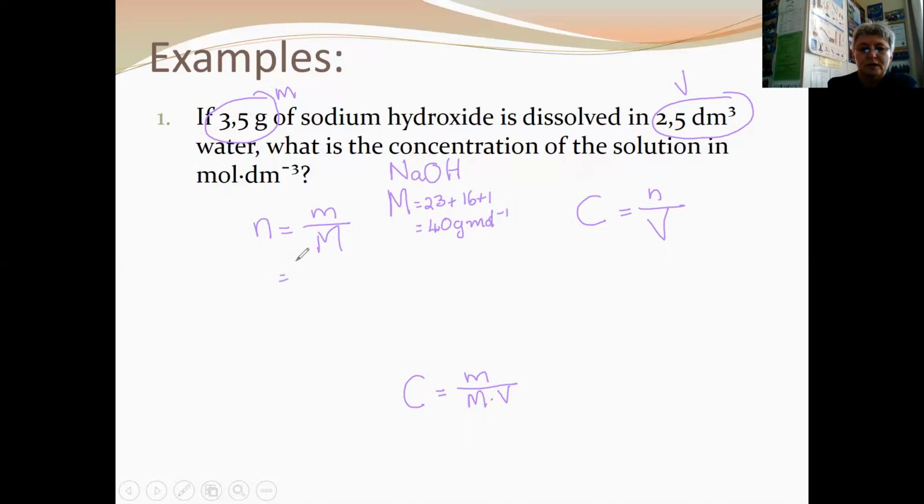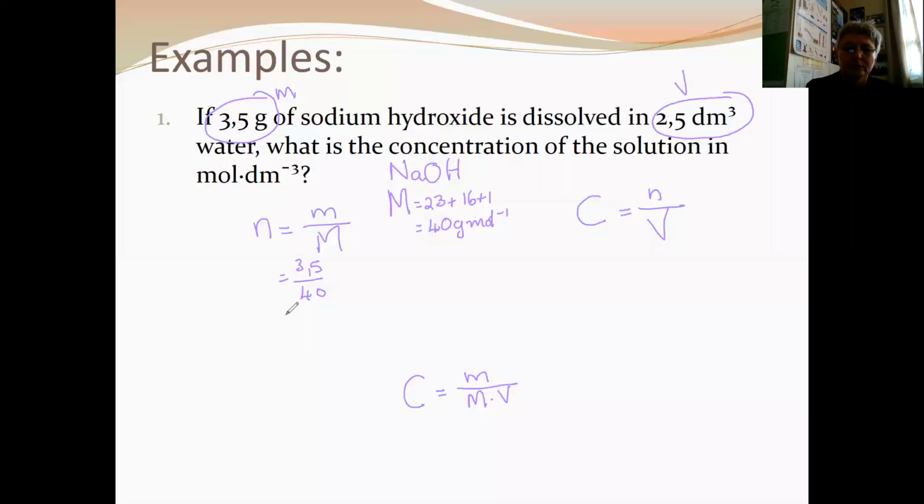So the moles are 3.5 divided by 40, which gives us 0.0875 mole.